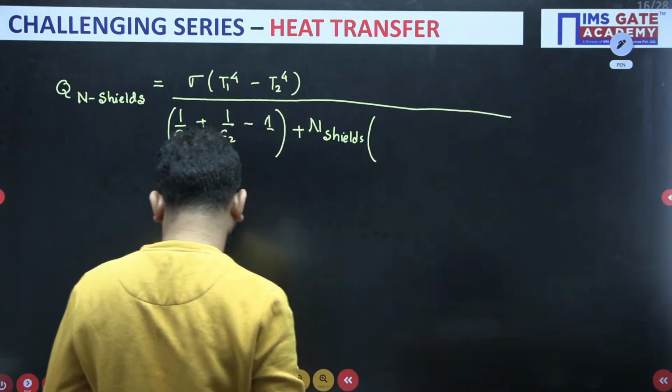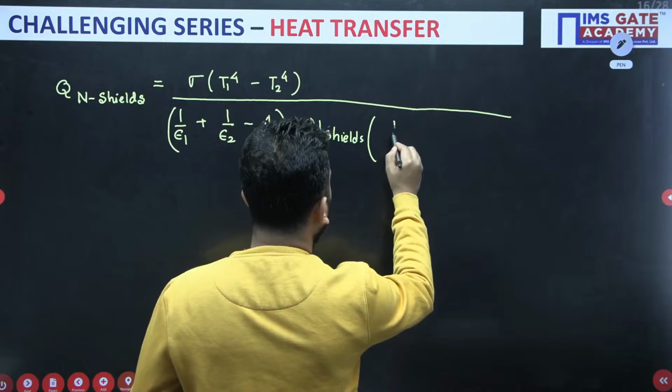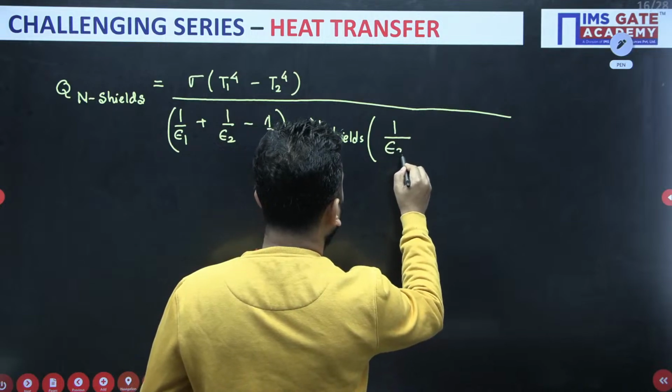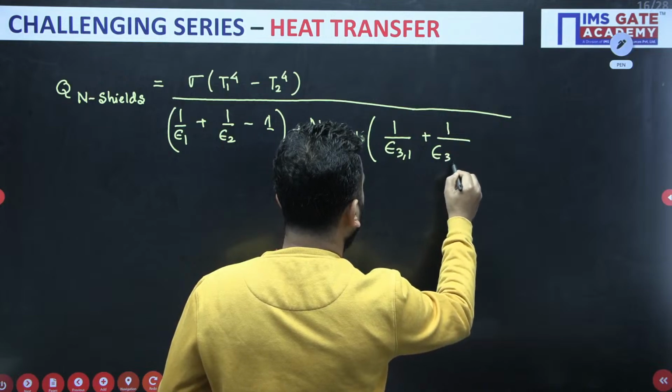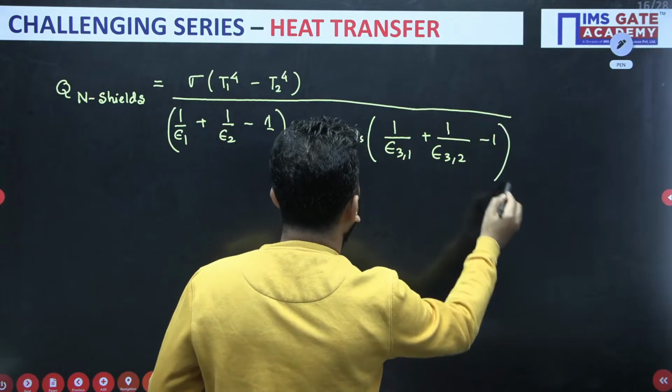I have inserted N shields: 1 by epsilon 3(1) plus 1 by epsilon 3(2) minus 1.